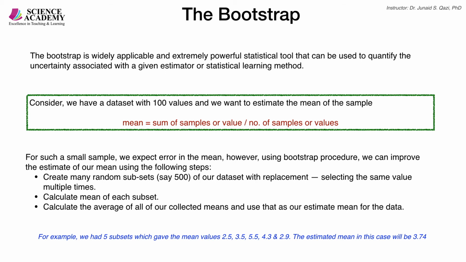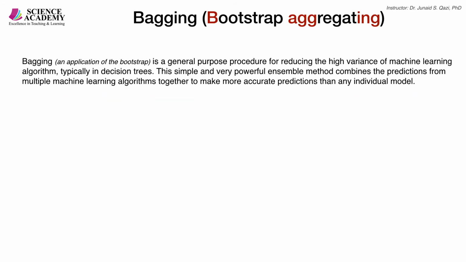Lastly, we calculate the average of all of our collected means and use that as our estimated mean for the data. For example, we had 5 subsets which gave the mean values 2.5, 3.5, 5.5, 4.3, and 2.9. The estimated mean in this case will be 3.74.